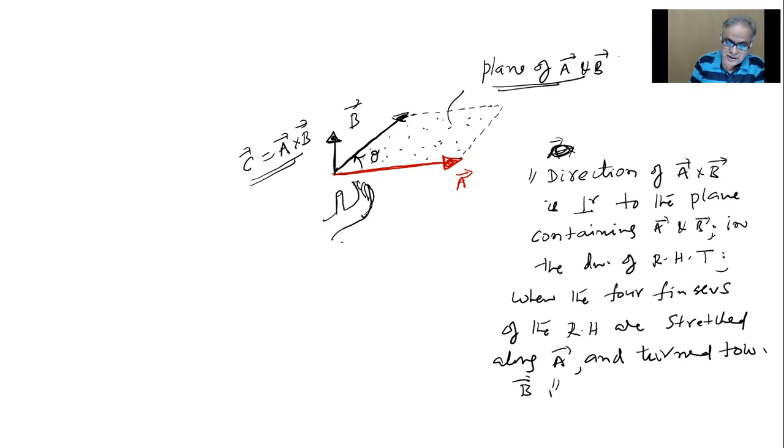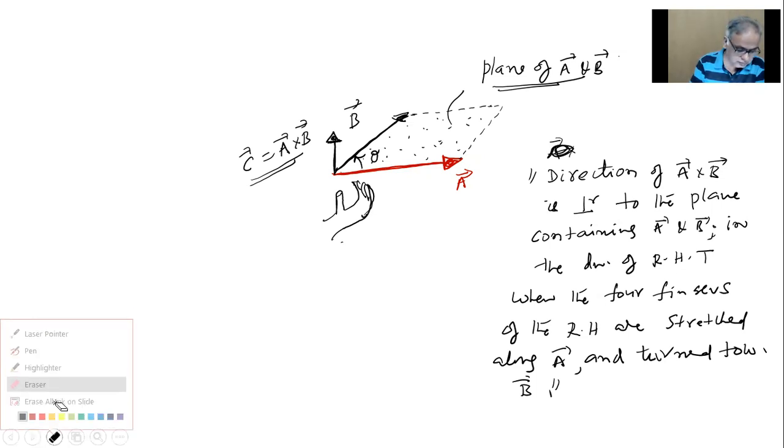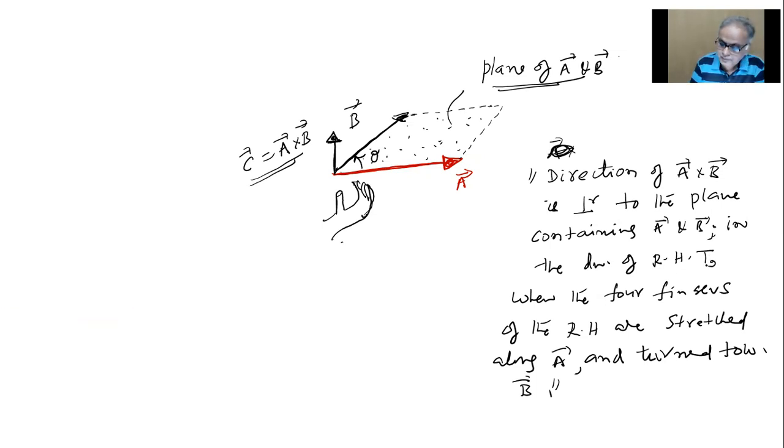In the direction of the right hand thumb, put a comma. Here semicolon, give a little extra gap. In the direction of right hand thumb, when the four fingers of the right hand are stretched along A and turned towards B. So look at this whole thing and tell me.